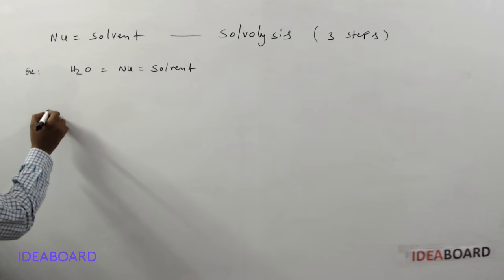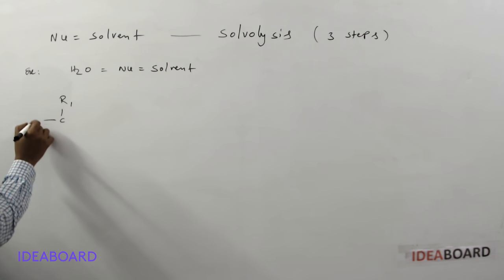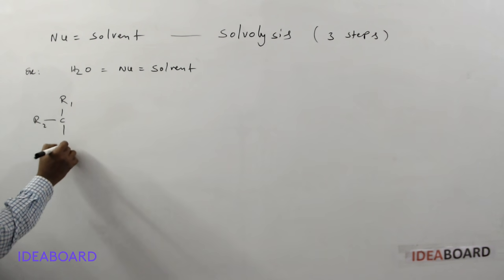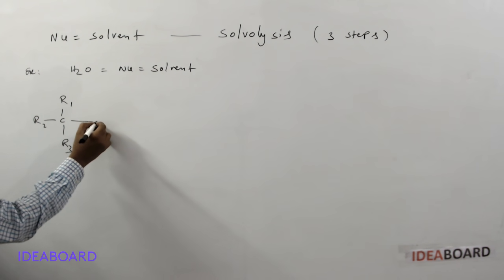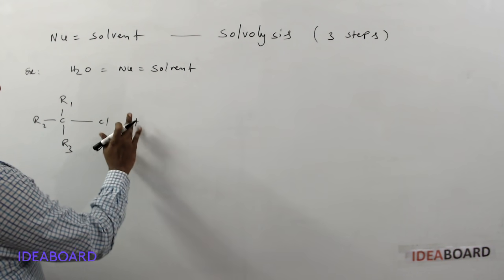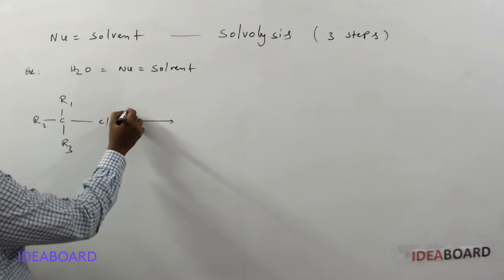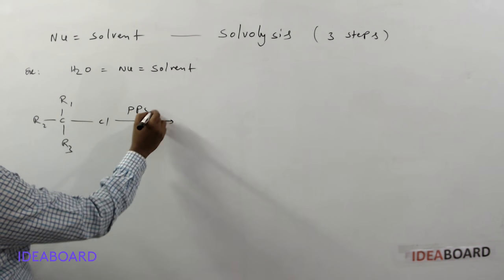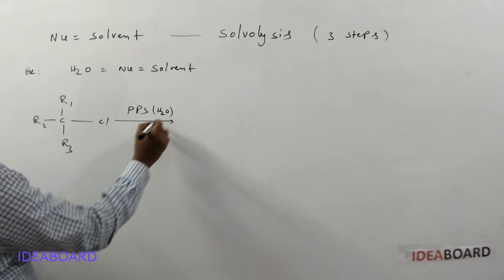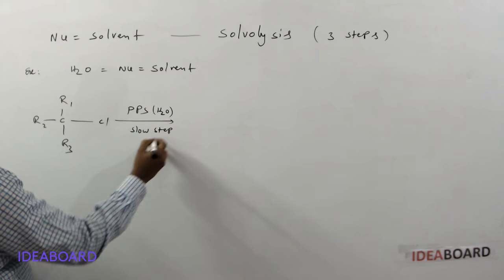Suppose I am taking R1, R2 and R3, and here it is chlorine. In the first step, in the presence of polar protic solvent, meaning H2O, it is the slow step or rate determining step.